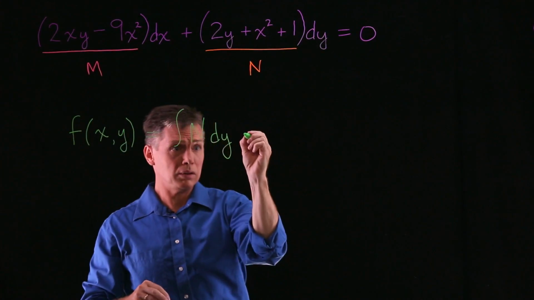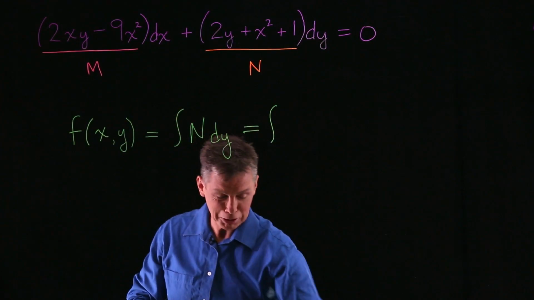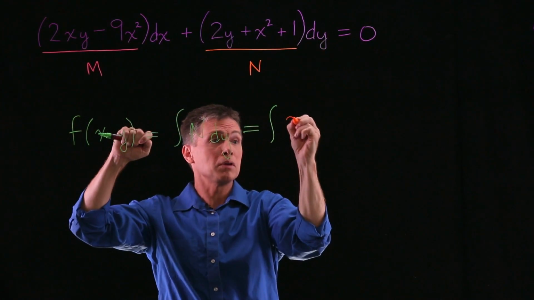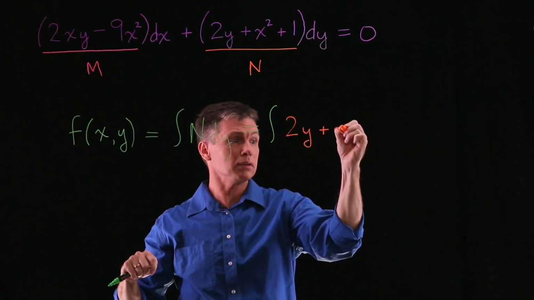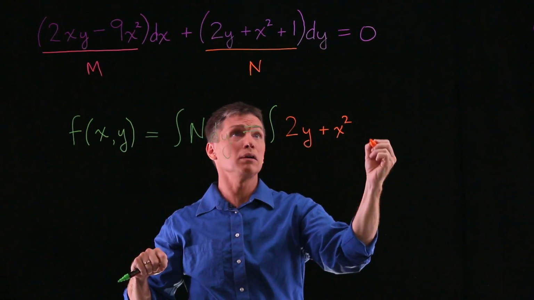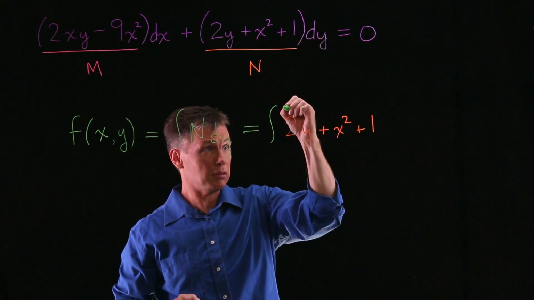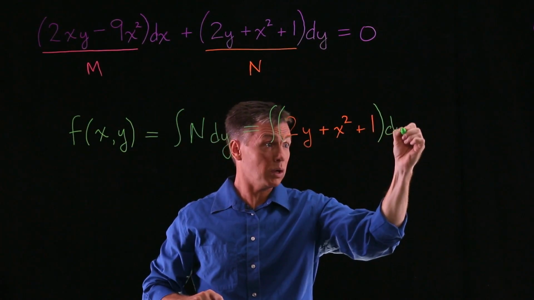I'll grab orange for you there. This is where I'm grabbing my N from: 2y plus x squared plus 1. And I'm doing that full integral with respect to y.